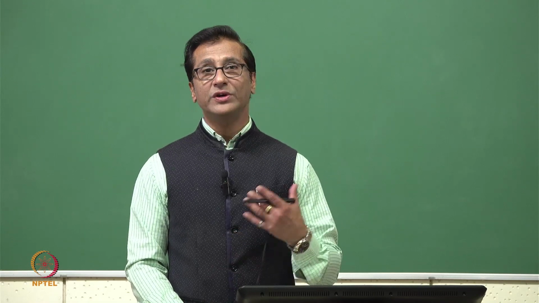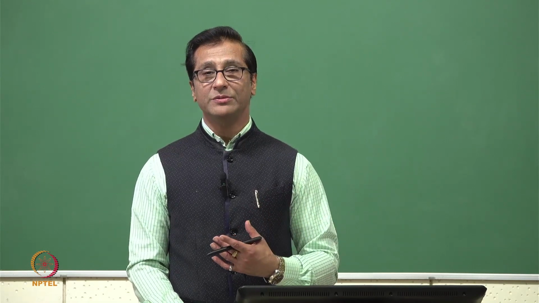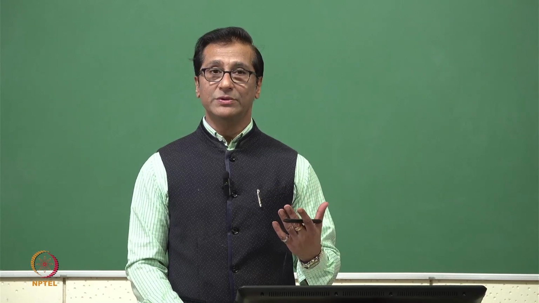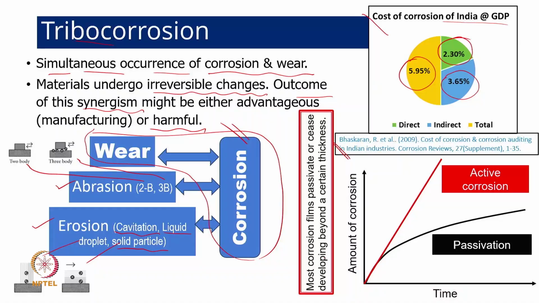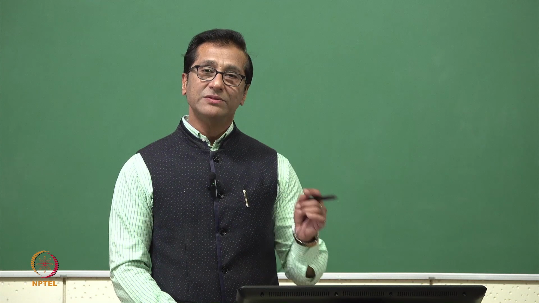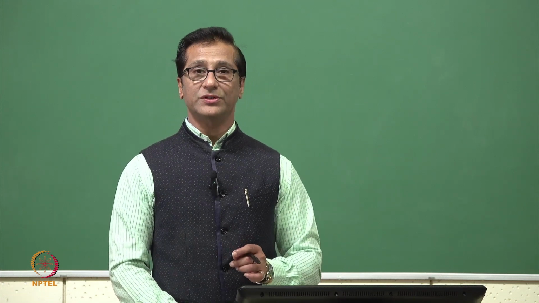If we don't have a tribology or wear phenomenon, then it is a much more comfortable situation, because the corrosion finally gets to the passivation stage. You can see that with time, the amount of corrosion happening reaches a stationary condition; it is not continuously changing. But when wear is occurring there, this passive corrosion becomes active corrosion.